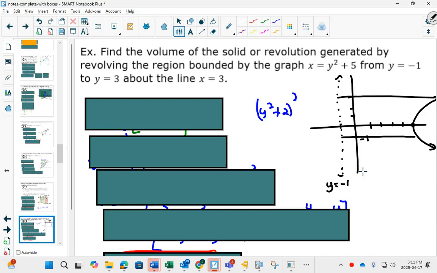Take this part and rotate it about the line x equals 3. Sorry, I drew that wrong. I thought, I'll start with the part that's easiest, and then I draw it wrong. Nice, that's going to be on the video. So y equals -1 up to 3, and about the line x equals 3, so 1, 2, 3, that's this line right here. I'll draw it in red.